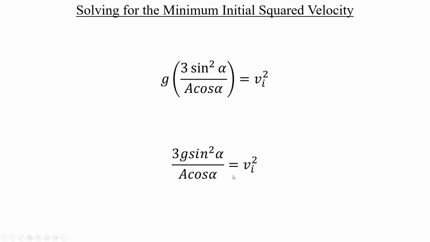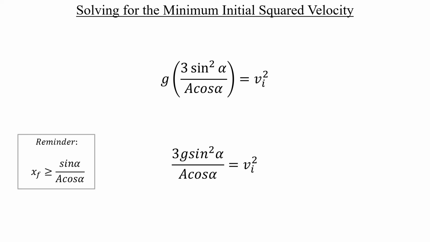But what about the greater than part? Well, here's a reminder on what we had before. We saw that in order for the box to come to a halt and stay there, the box needs to be pushed a distance greater than or equal to this quantity. How do we get that further pushing distance?